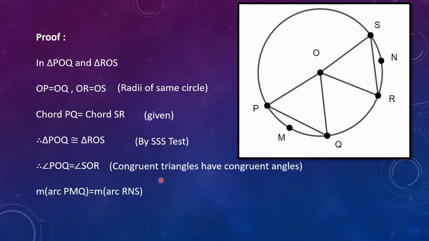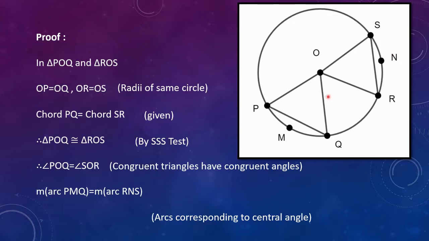Therefore, angle POQ is equal to angle SOR, as congruent triangles have congruent angles. So these two angles will be equal. Now the arc corresponding to the central angle POQ is PNQ, and the arc corresponding to the central angle SOR is arc RNS.